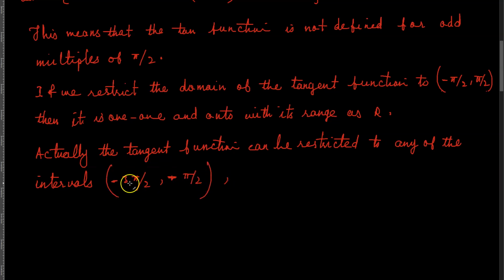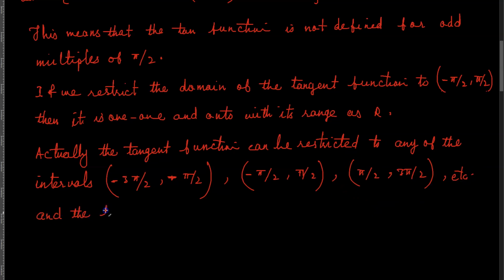You could go for negative pi by 2 to pi by 2. You could go for pi by 2 to 3 pi by 2, and so on and so forth, right? And the function would still be bijective, right?